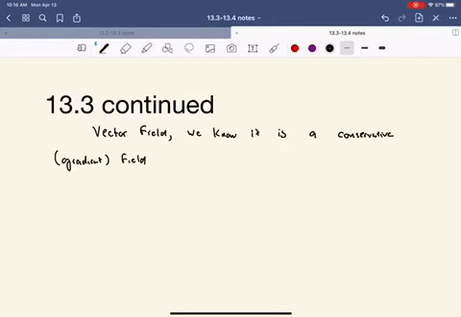Okay, so we're given the field F of x, y, z with a little arrow on top equals.